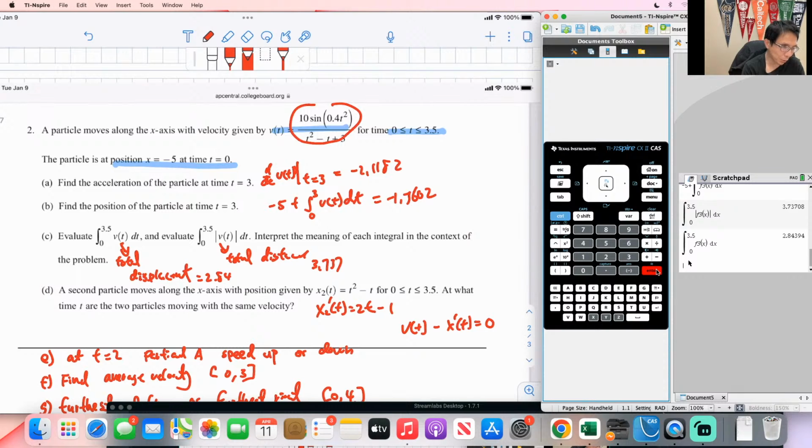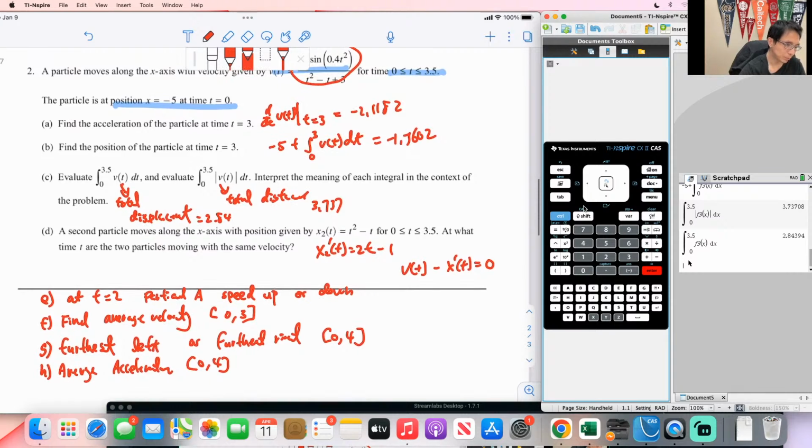Because the velocity is the same as the prime, that's what you compare. Then you can actually graph this, finding the zeros. Oh, it's kind of like when you get everything on one side equal to something. Yeah, same idea. For C, total distance and total displacement. For C, the explanation part, do we just put total distance? Yep.